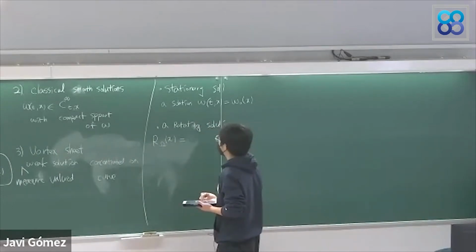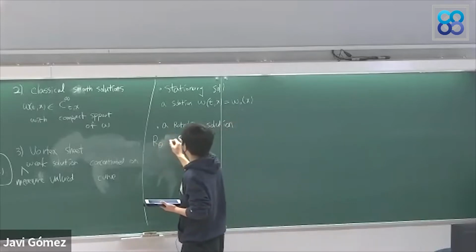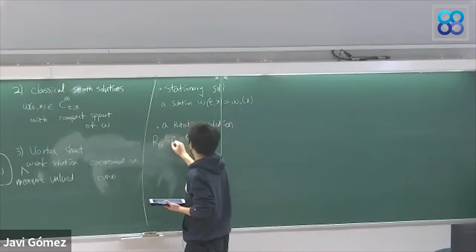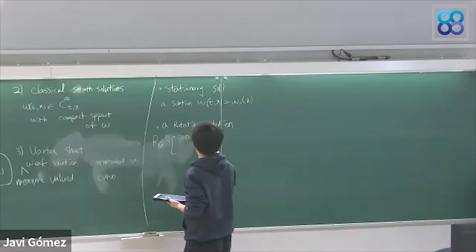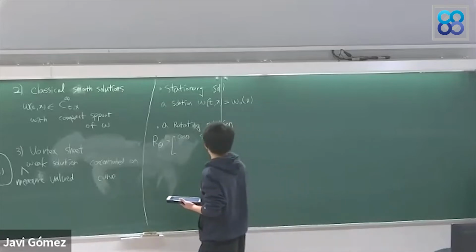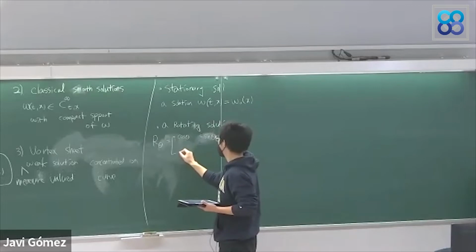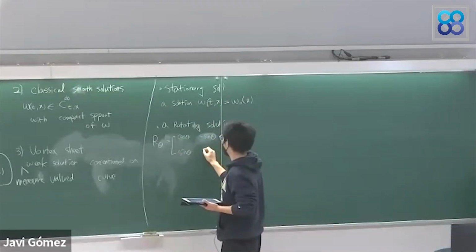R theta will be a 2 by 2 matrix, with cosine theta, and then I think this should be a sine theta, and then a cosine theta like this. Is it maybe a negative sine theta or something? Just in the other direction. It doesn't matter.